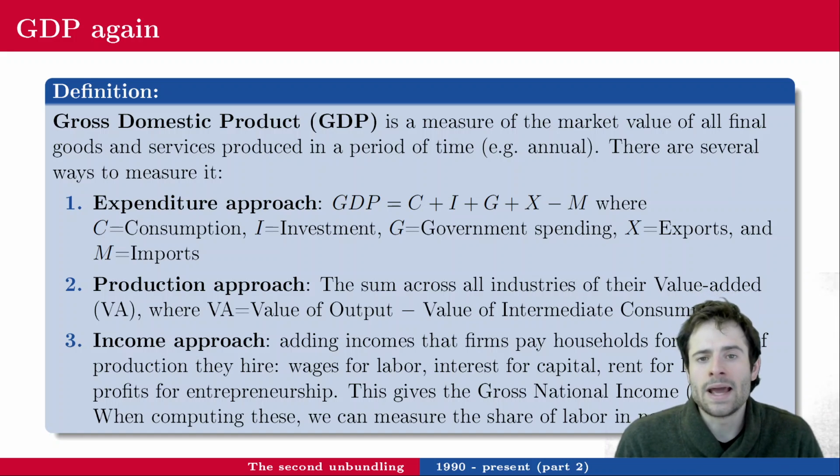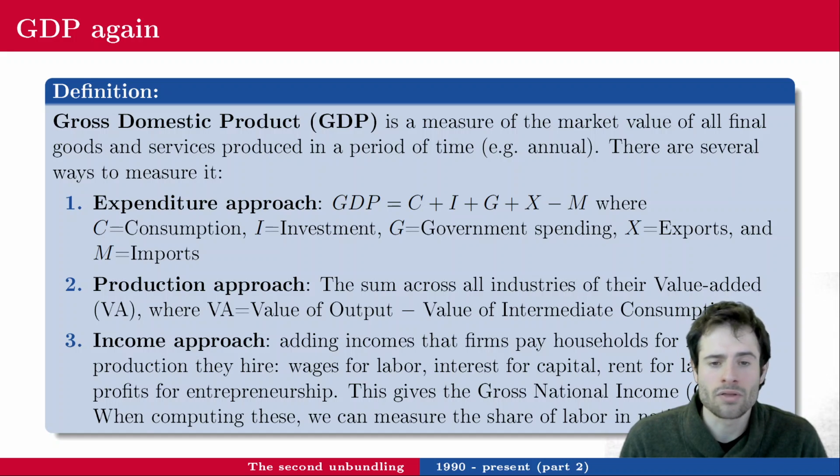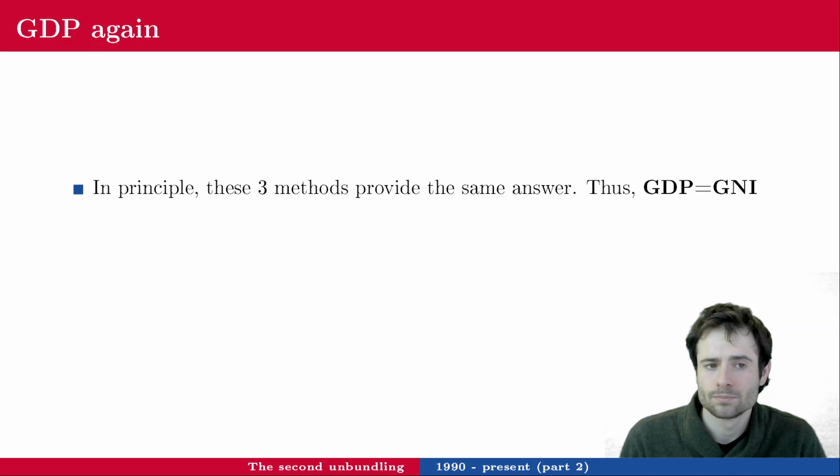If you're taking 105, or if you've taken 105 before, you might have learned about how to compute GDP. And this is what we use when we talk about economic growth of a country. So in principle, those three methods provide the same answer.